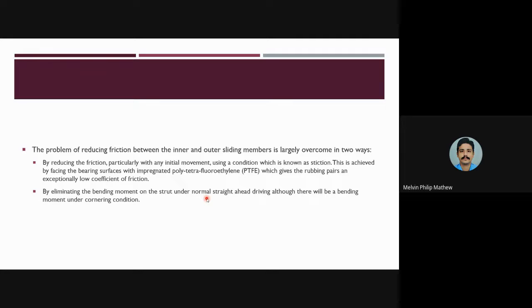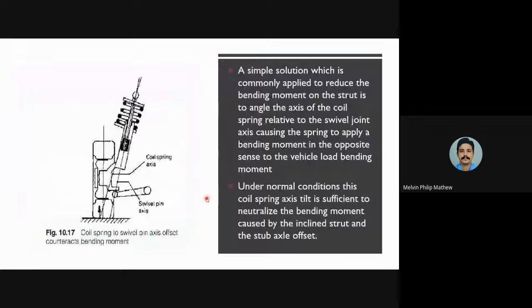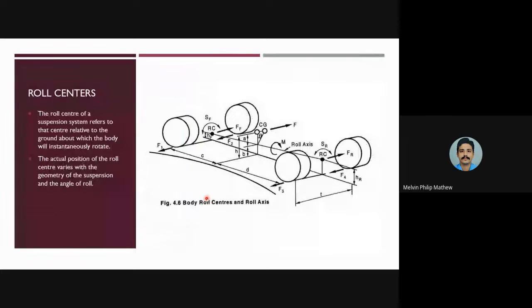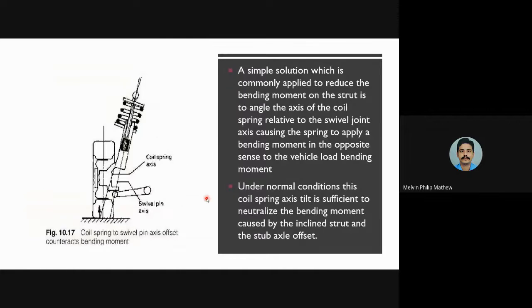So the coil spring has to be provided with sufficient strength, and when we provide sufficient strength, the spring action does not take place. This is undesirable, and hence this suspension system has disadvantages. Okay.